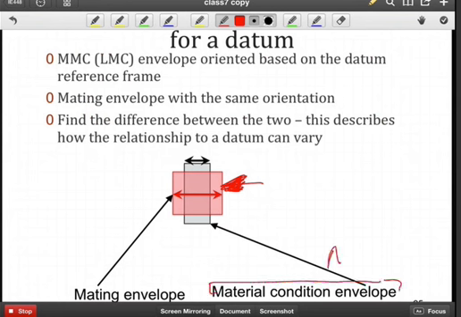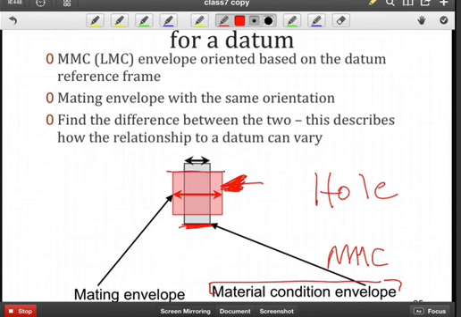Let's say it's MMC. So MMC in this case is smaller. So we can think of this as being, let's say, a hole feature. It would be the smallest hole diameter, and therefore the MMC envelope for this datum would be the smallest dimension possible, again oriented with respect to other datums if necessary.